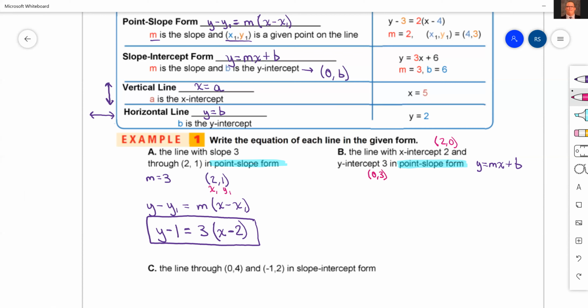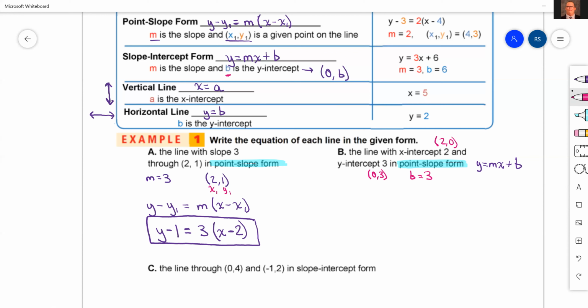But then also, what letter stands for y-intercept? We look in our chart, it's B. So this also means that B equals 3. Well, we know our B already. Now we've just got to find M.